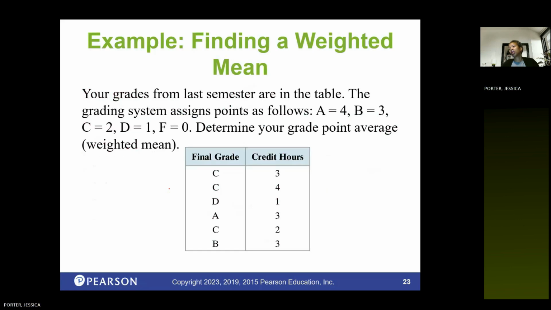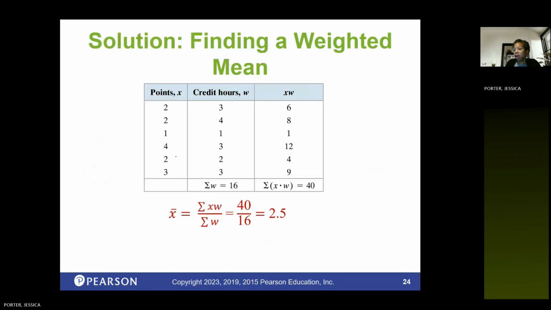So here are our grades. It tells us the credit hours, and the system assigns points as follows: A is a 4, B is 3, C is 2, D is 1, F is 0. And that's a real grading system. So I take my X value, my 2 points, for the C, and multiply it by the credit hours, which is the weight, 3, and get 6.